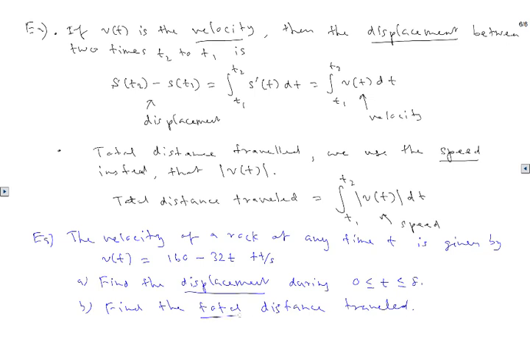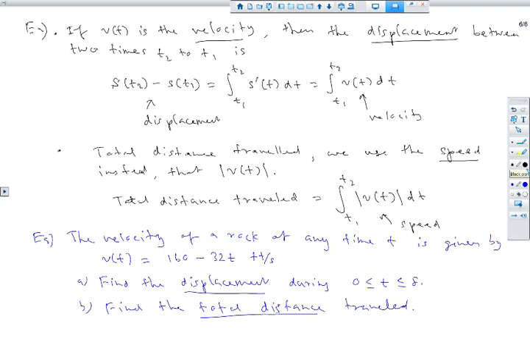Total distance is a distance, so that means you need the speed. For the first part, that's easy. It is asking for the displacement. That means you just take the integral of the derivative, right? The derivative of displacement means the velocity, so you just integrate the velocity.